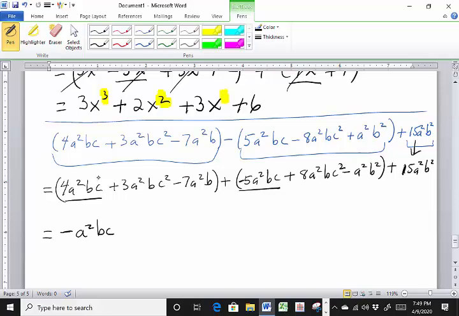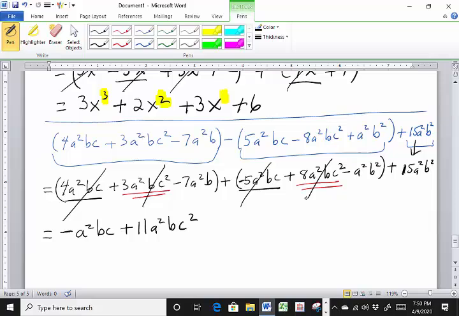Okay? So finish that. Let's see. Then we have an a squared bc squared, a squared bc squared. Okay, these happen to be like right here. So 3 of them and 8 of them is going to give me 11 of them, and those are the a squared bc squared, right? So that goes out.